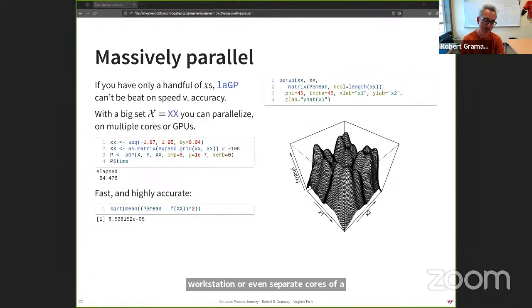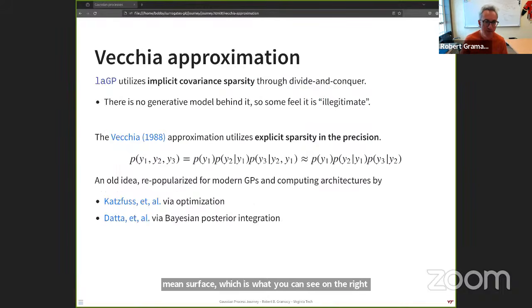In this example, I just did it on a workstation and made a prediction on a 10,000 sized grid with an 8-core machine. And it took less than a minute to do that. And I was able to draw the picture of my mean surface, which is what you can see on the right-hand side. So simple and parallelizable.